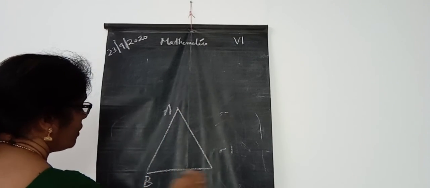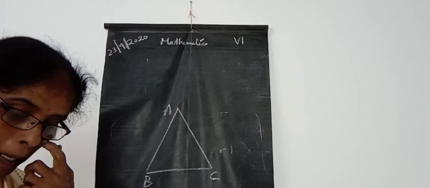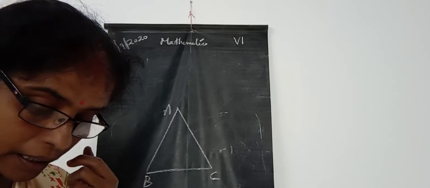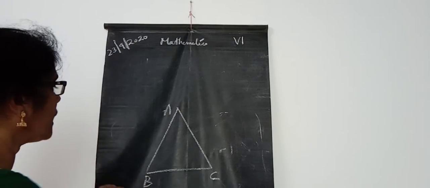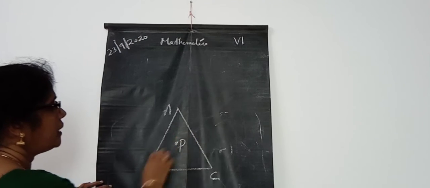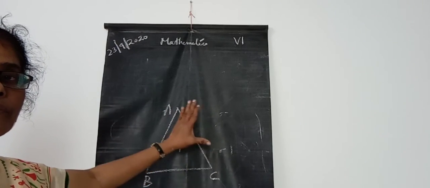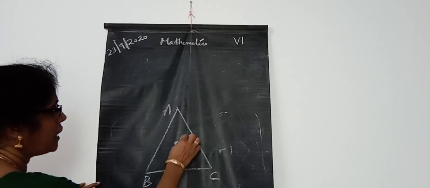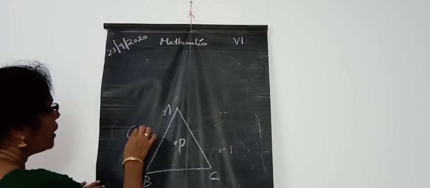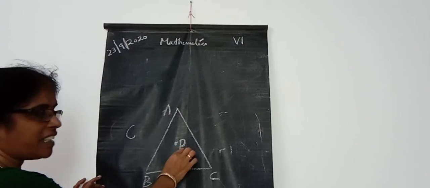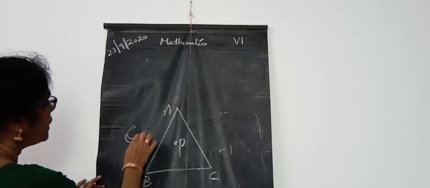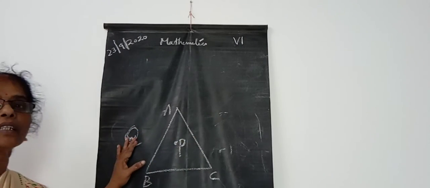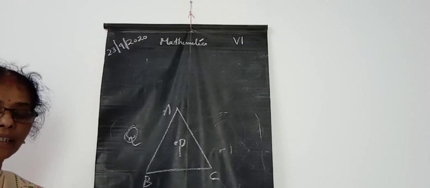Yes, ABC. And mark a point P in the interior and Q in the exterior. Q in the exterior means outside of the triangle, isn't it?